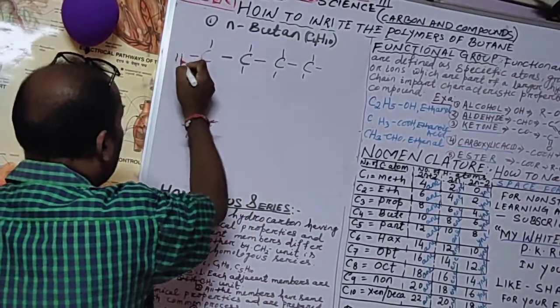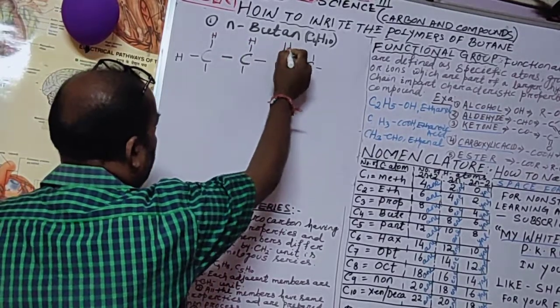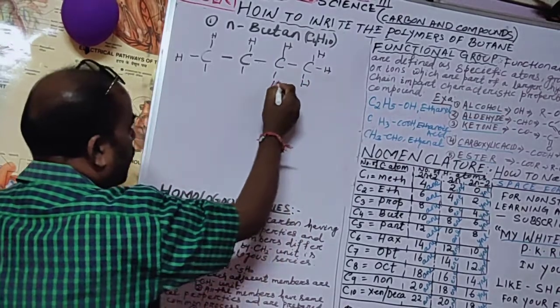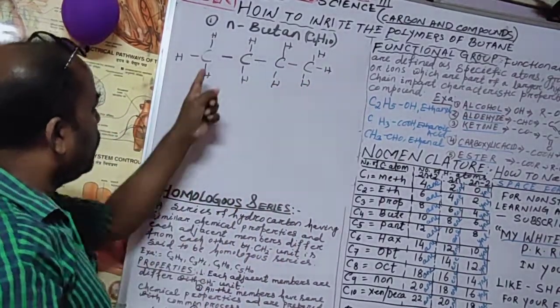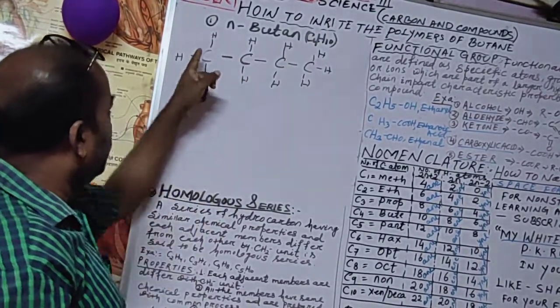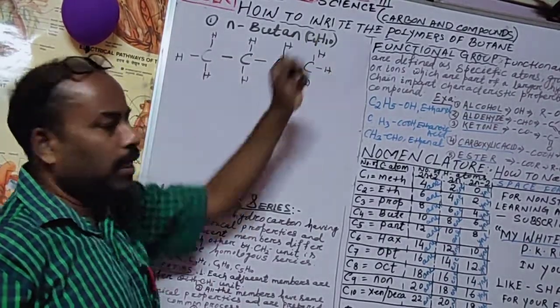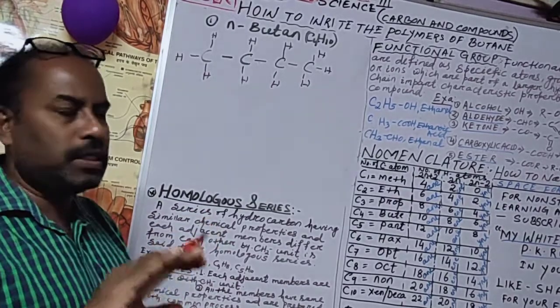Then we will put the hydrogen because it is a hydrocarbon. So now we will put H everywhere. If we count, the formula will be C4 and 10 hydrogens, H10. This is called the N-butane because it is a straight chain.